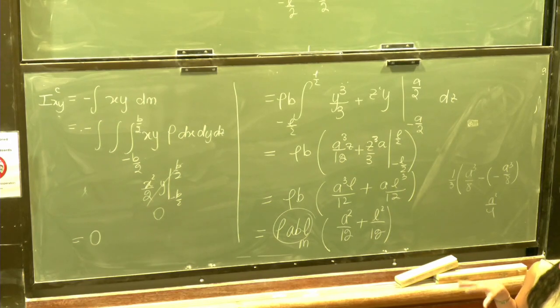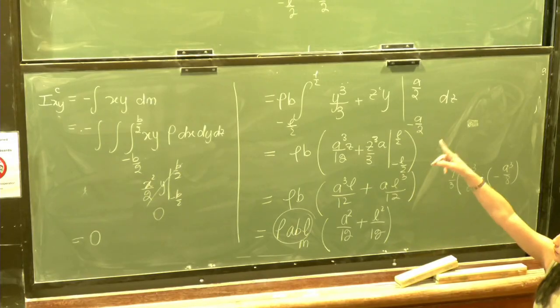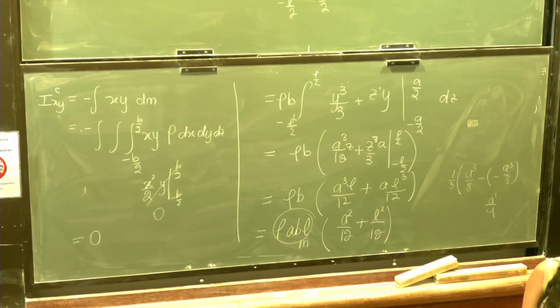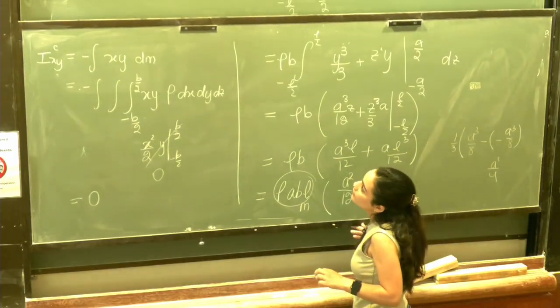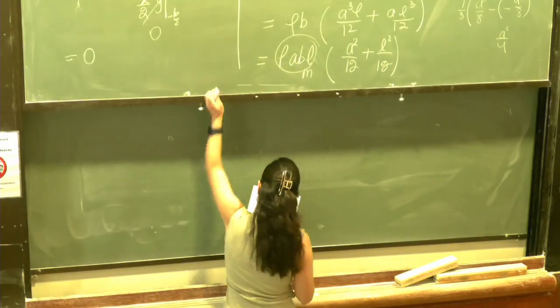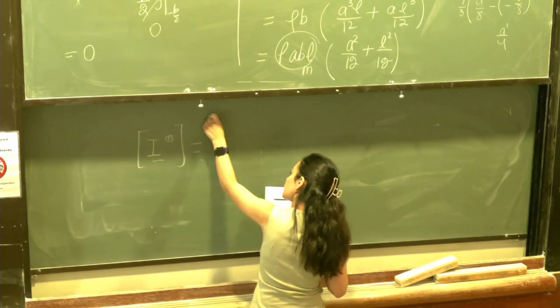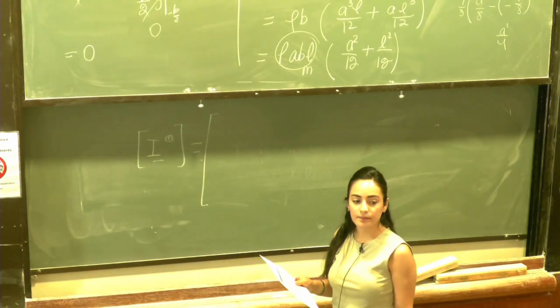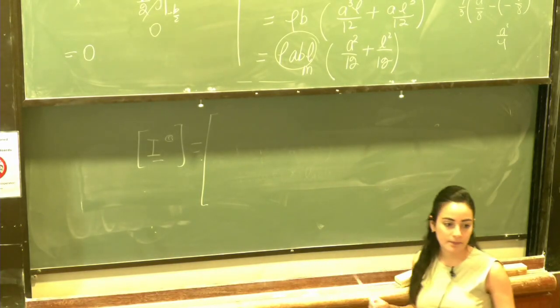So in sum, what is the inertia tensor? What is the matrix representation of the inertia tensor of the rectangular parallelepiped on this basis, passing through its center of mass? So if I want to write the matrix representation of the inertia tensor of this parallelepiped here, what is the xx term?